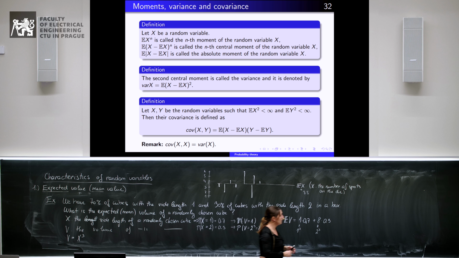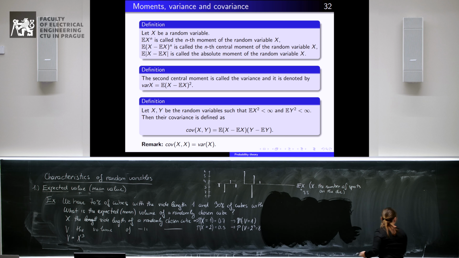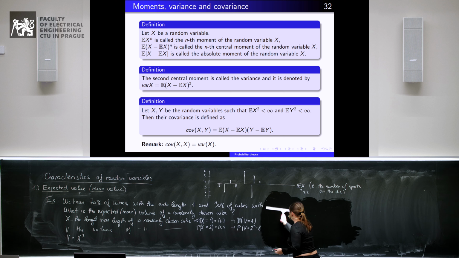And when we calculate, just a brief note, the expected value of x minus the expected value of x, look what happens.